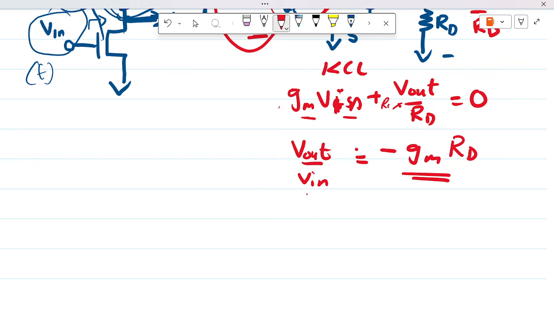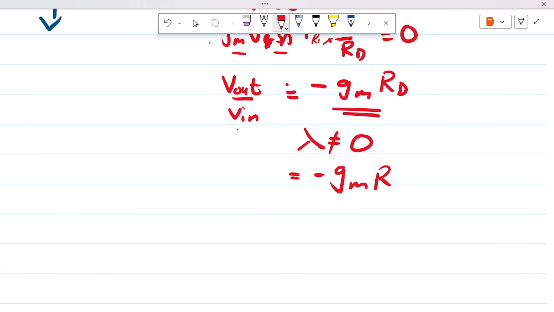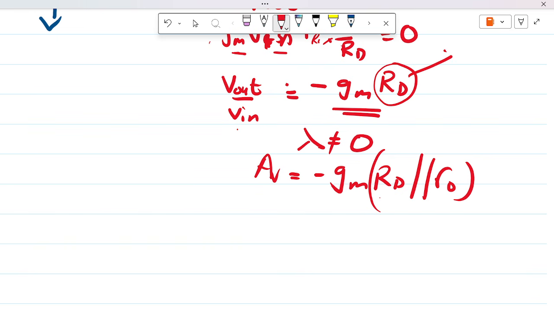We also know that if we do not ignore channel length modulation, then we need to put gmRD in parallel with RO of the MOS device. Then we are already aware that we couldn't have increased the gain beyond a certain limit by increasing RD.